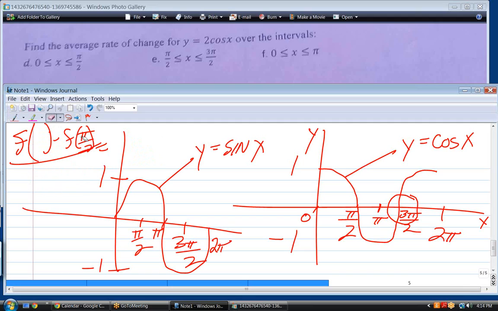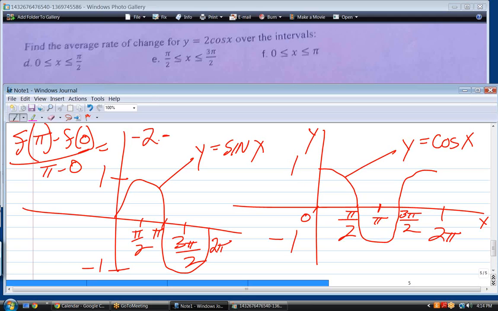And finally, the last one, which is pi minus 0 over pi minus 0. What is f of pi? Negative 1 times 2 is negative 2.